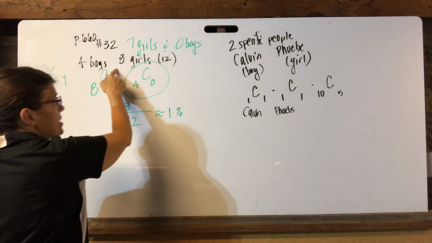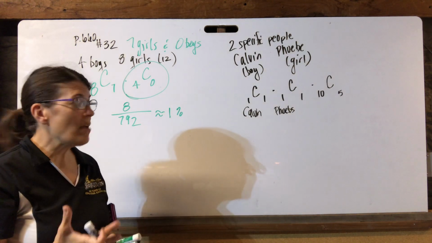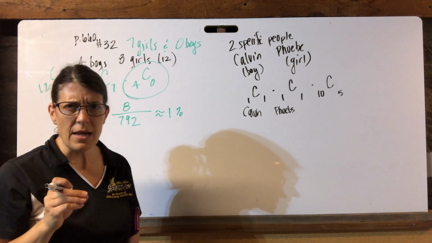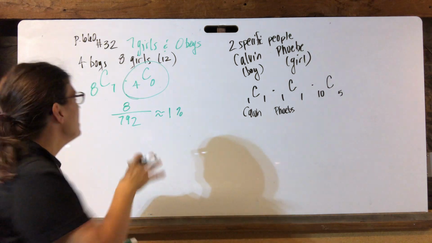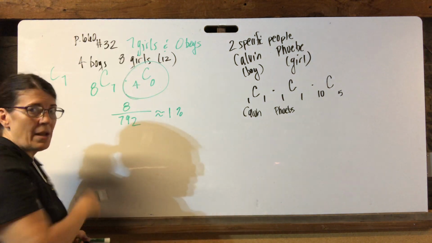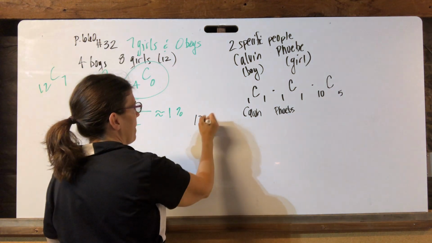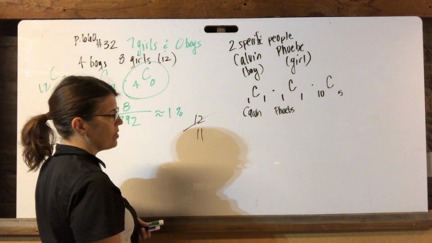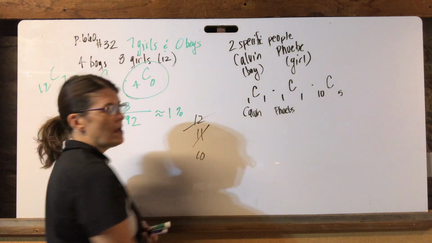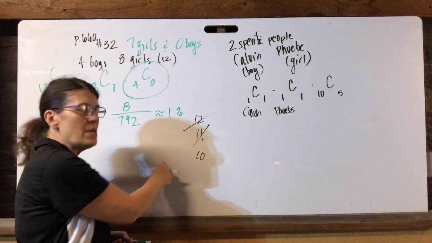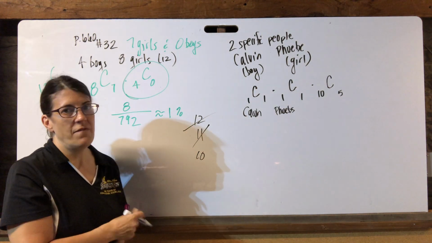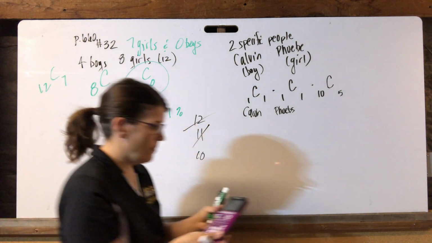4 boys, 8 girls. There are 12 people. I think I misspoke. Sorry. There are 12 people total that I'm gonna choose from. I choose Calvin. That's 1 less person. I choose Phoebe. That's 1 less person. So I have 10 people left to fill up the 5 remaining spots in the car.